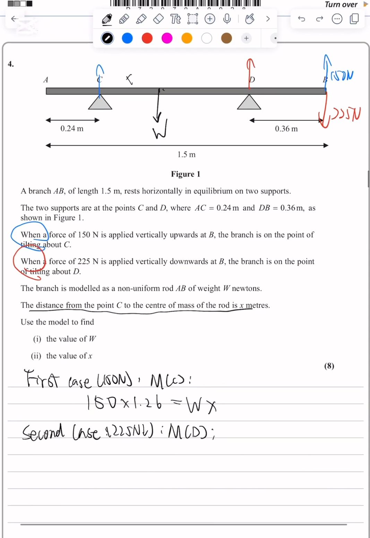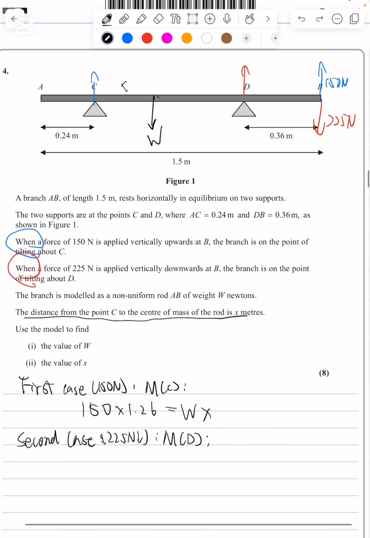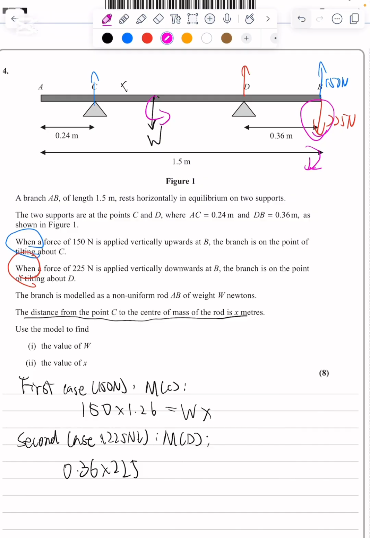Then 0.36 times 225, this clockwise moment, would equal this anticlockwise moment that is given by W. What is this distance?